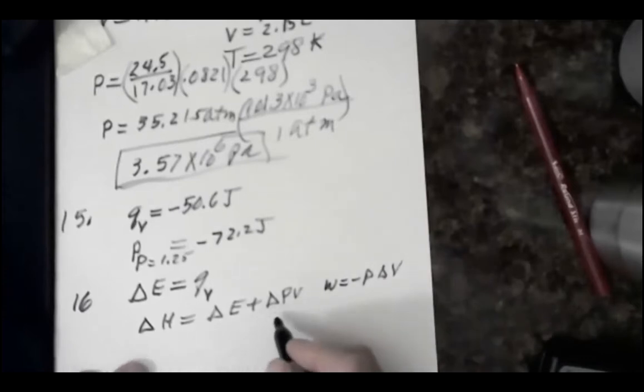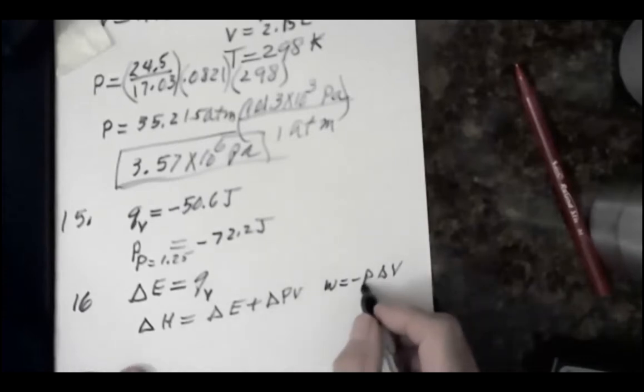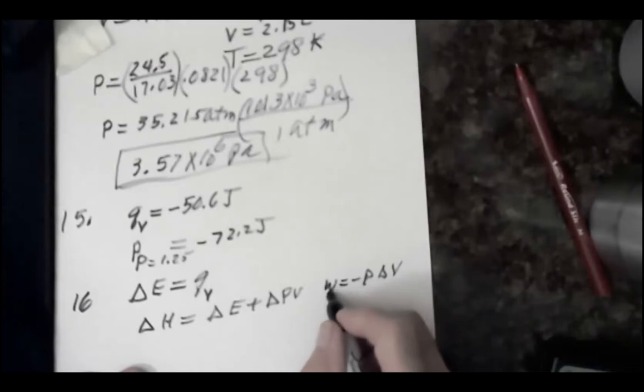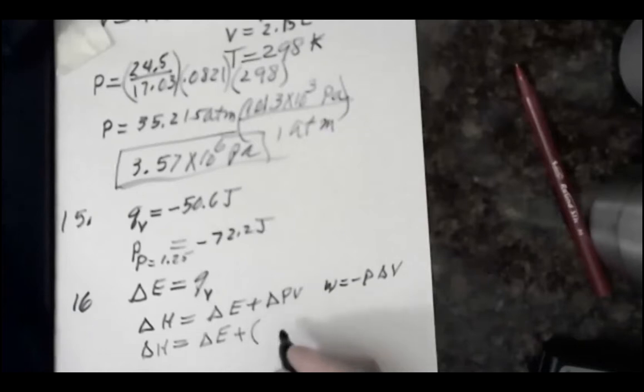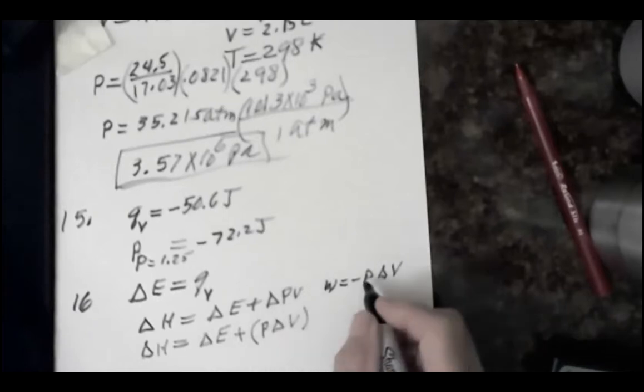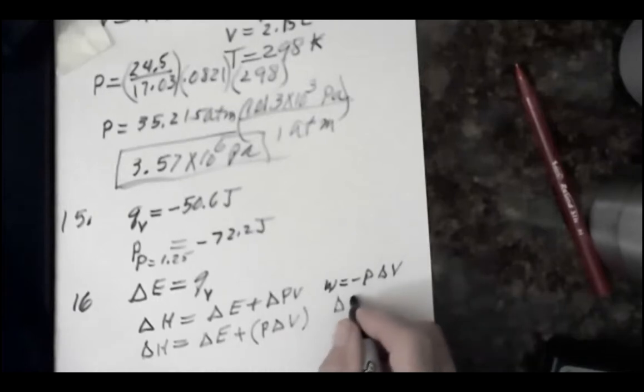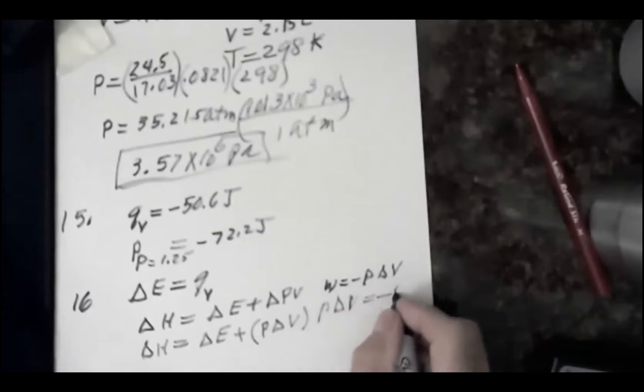So P times delta V is minus, so delta H is equal to delta E plus P delta V, and P times delta V is equal to minus work.